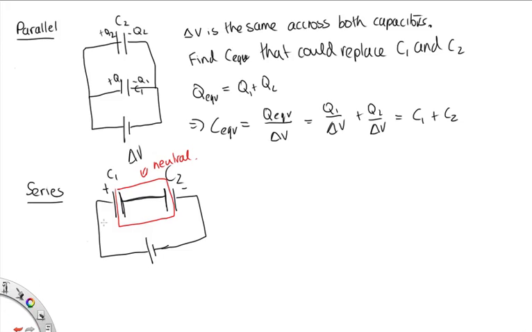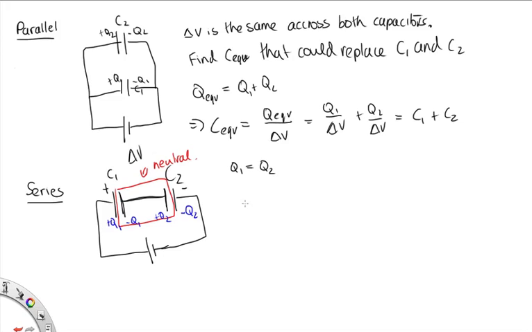So we've got plus Q1 on this plate and minus Q2 on this plate. And so on this plate we'll have minus Q1 and on this plate we'll have plus Q2. And because this is neutral, I think you can see that Q1 is going to equal Q2.